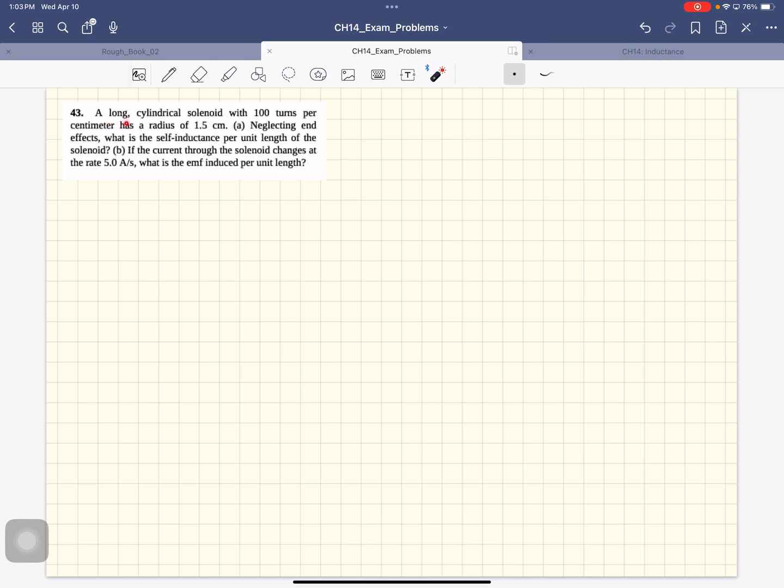Okay, this problem says a long cylindrical solenoid with 100 turns per centimeter has a radius of 1.5 centimeters. Neglecting end effects, what is the self-inductance per unit length of the solenoid? So N is 100 turns per centimeter, and 1 centimeter is 10 to the minus 2 meters.